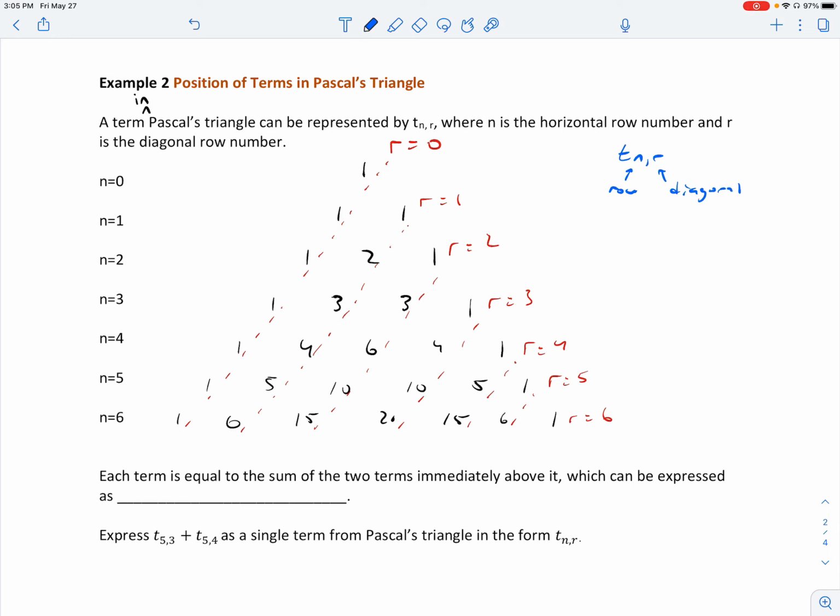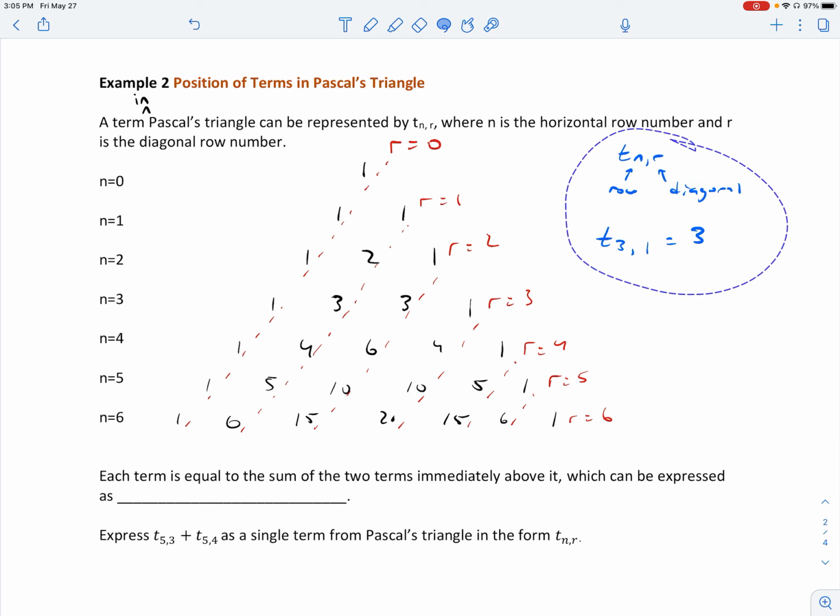So if we're asked to find T of, let's say, 3 comma 1, this means the entry that's in the third row and the first diagonal. So row 3 is here, and the first diagonal is here. So it would be this entry right there, the 3. And that's how we can represent all the elements in Pascal's triangle.